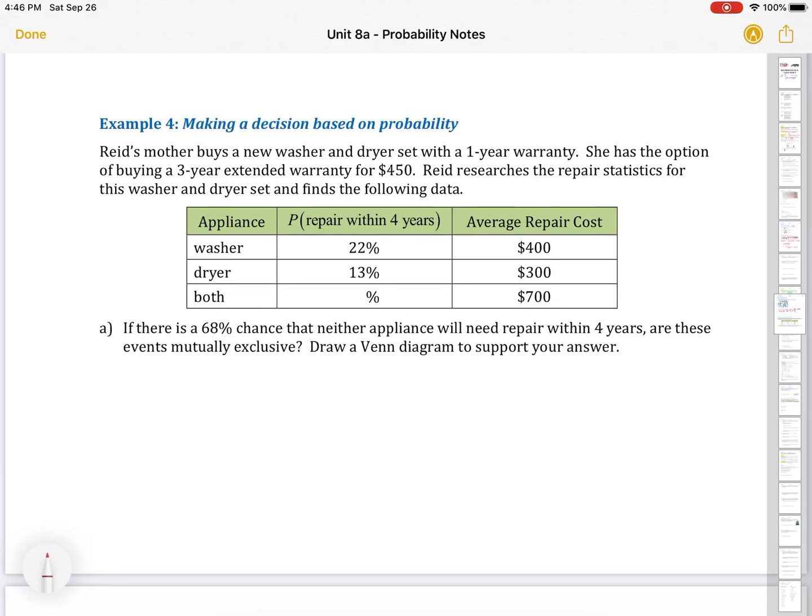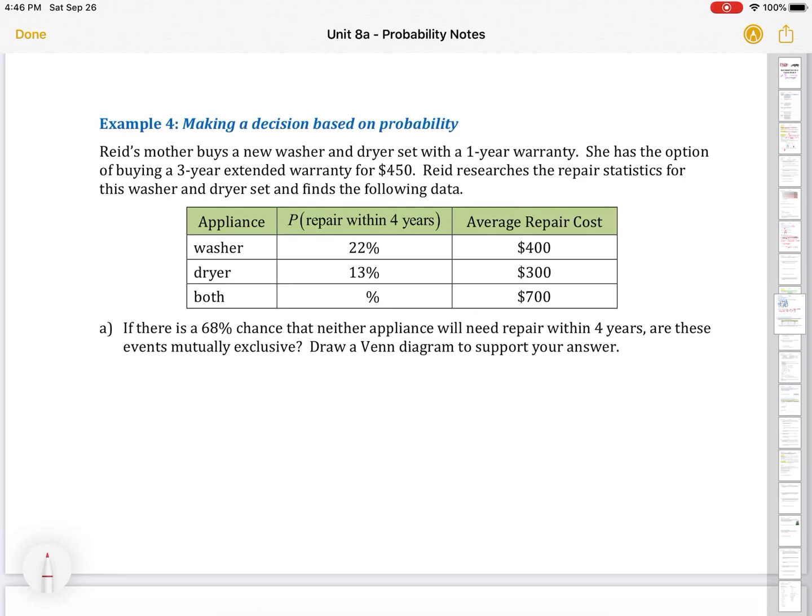Making a decision based on probability. Now, Reed's mother buys a new washer and dryer set with a 1-year warranty. She has the option of buying a 3-year extended warranty for $450. Reed, what a good son, researches the repair statistics for this washer and dryer set and finds the following data.